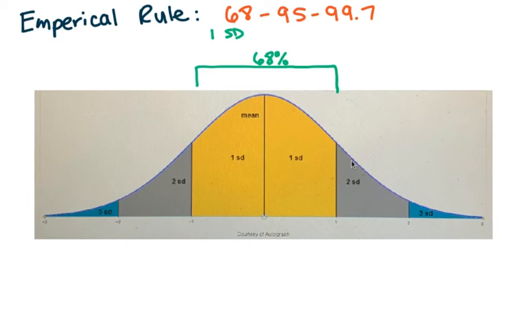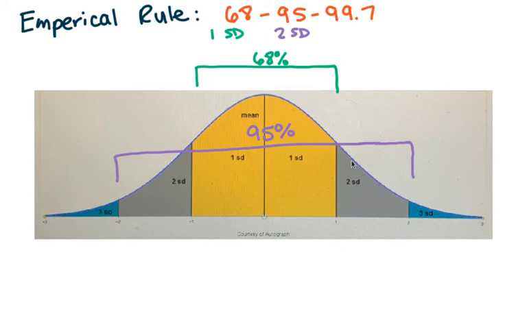Then 95 is the probability that your values are going to fall within 2 standard deviations of the mean. So from here to here represents 95% of the data.